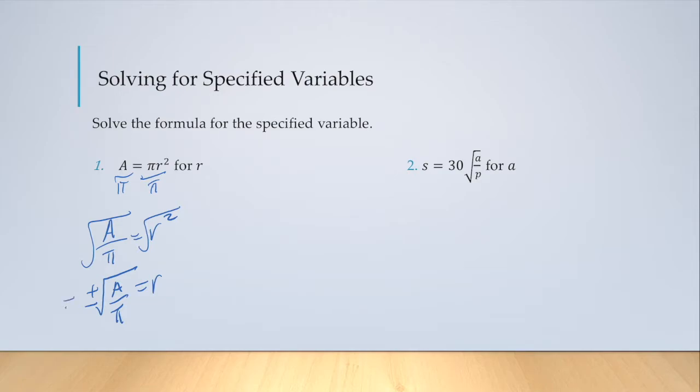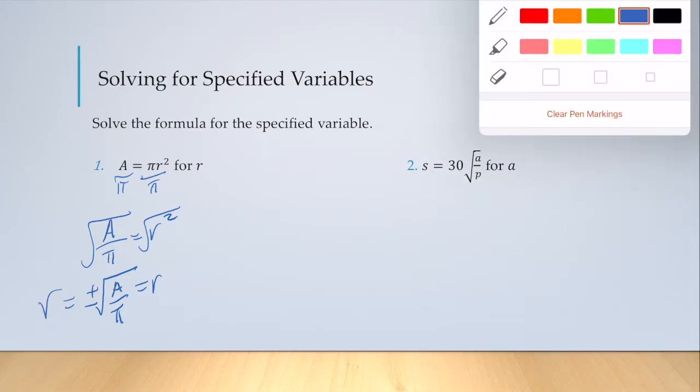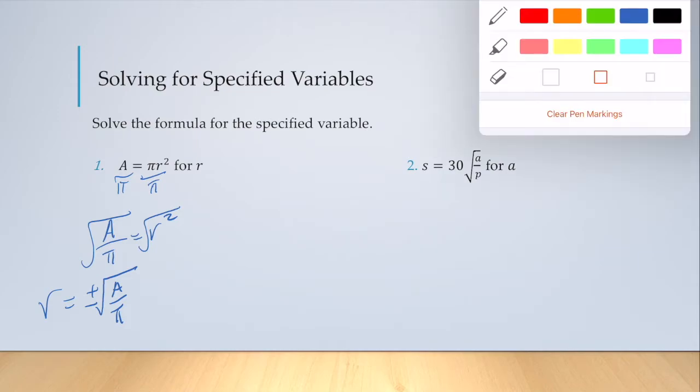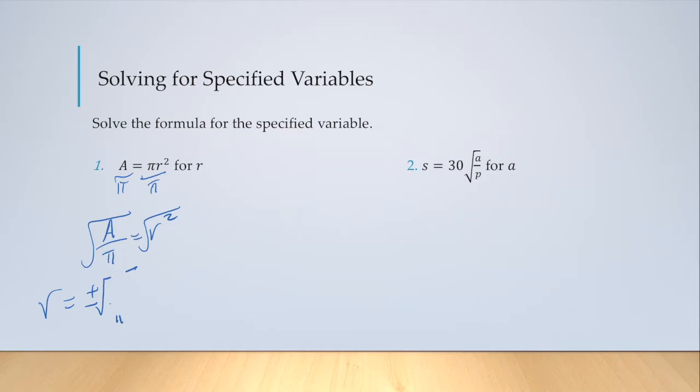And typically, maybe we'd want to rewrite this so that r is on the left-hand side, the variable we solved for, but that's not 100% necessary. Oh, but wait. If I have this, the square root of A over pi, that's the same as r equals plus or minus the square root of A over the square root of pi, right?